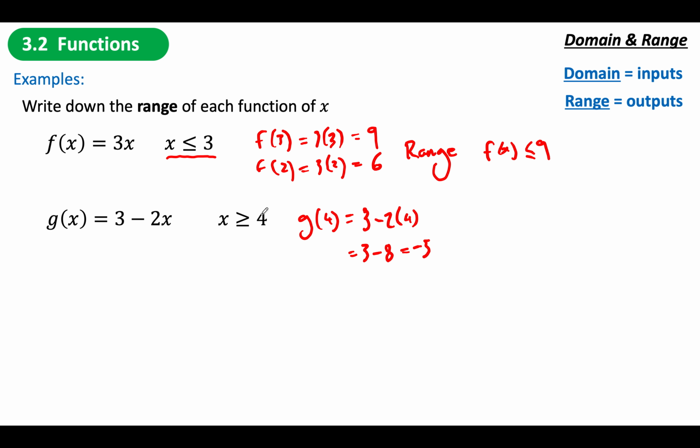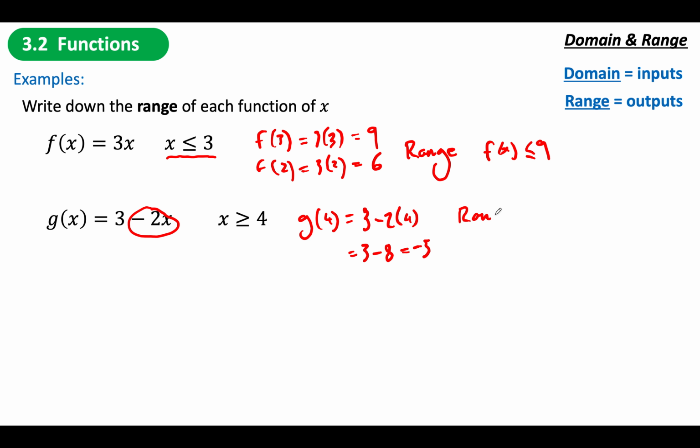Think about what happens as my x increases, because that's the minimum value. If I increase it, this part here is going to get bigger. And we're taking that away. So 3 take away increasingly bigger numbers. So my range is going to go downwards, isn't it? Because I'm taking away bigger and bigger numbers.